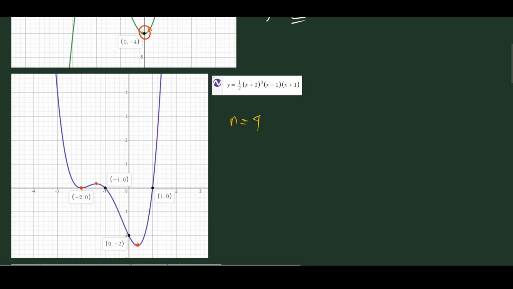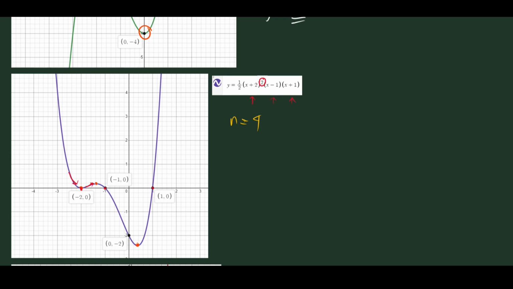Now let's take a look at the zeros. We have (-2, 0) here, (-1, 0), and (1, 0). That explains the different factors that we have here: x plus 2, x minus 1, and x plus 1. What about the multiplicities? As you can see, at (-2, 0) the graph just touches that point, so we have an even multiplicity.